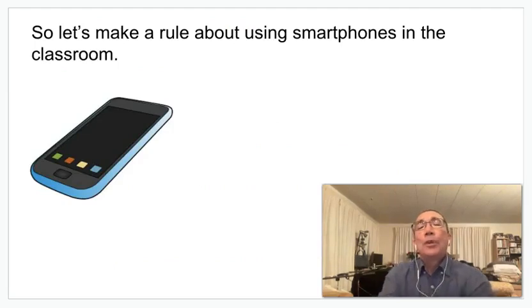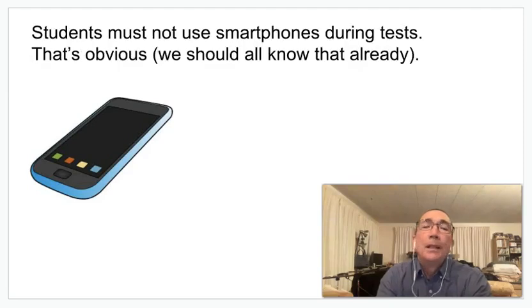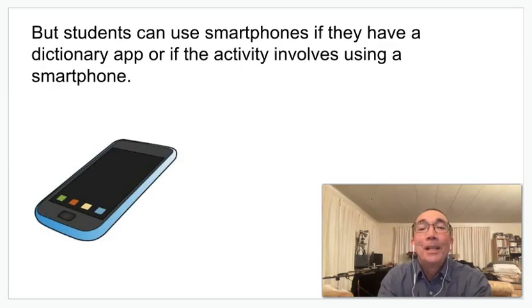So let's make a rule about using smartphones in the classroom. Students must not use smartphones during tests. Well, that's obvious, right? We should all know that already, I hope. But students can use smartphones if they have a dictionary app or if the activity involves using a smartphone. So, for example, I may ask you to look up some information.